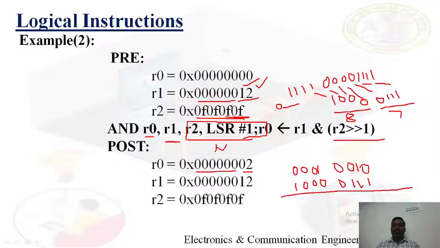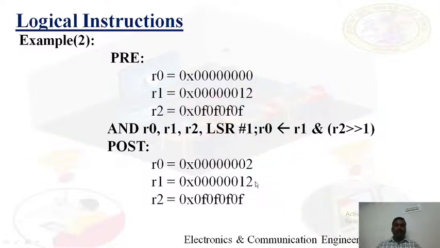Now AND these two, and the result will be stored into R0. 0 ANDed with 1 you will get 0, then 1 ANDed with 1 gives 1, the others are 0, and this is 0 0 0 0. So totally 0 2, and that result will be stored into the R0 register.